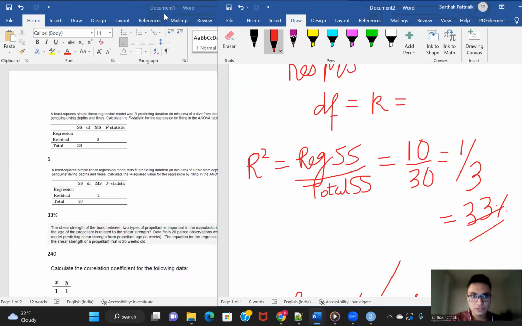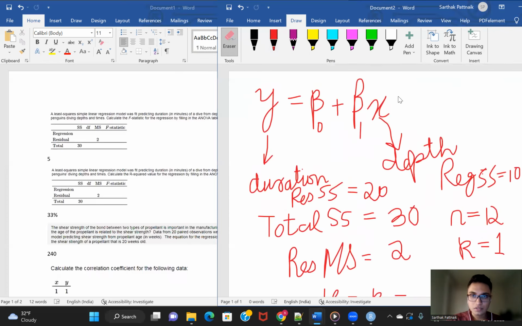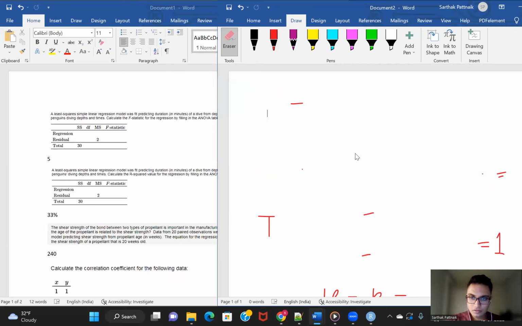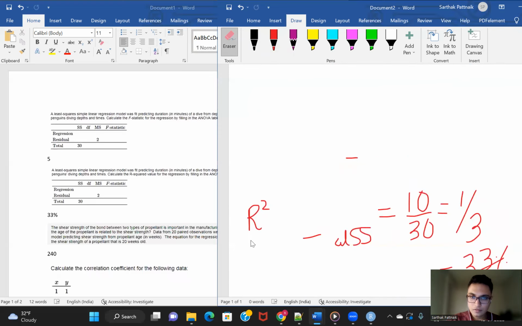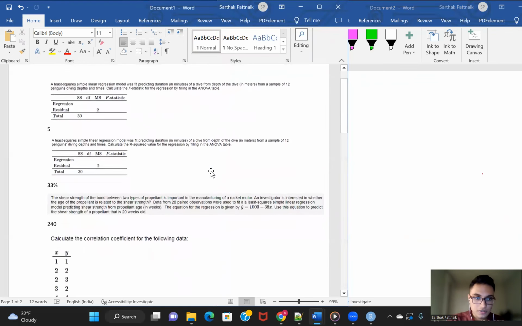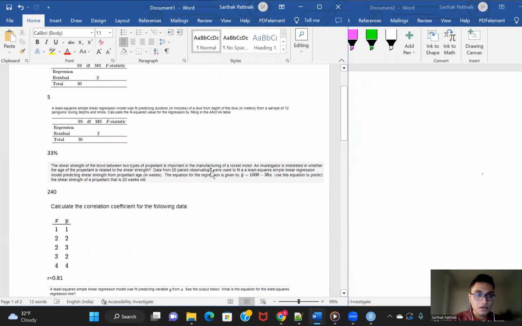So this was question number 2. Let us move on to the third question. The third question says, the shear strength of the bond between two types of propellant is important in the manufacturing of a rocket motor.